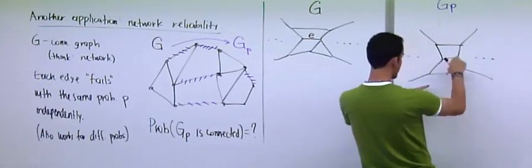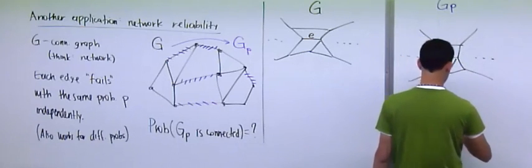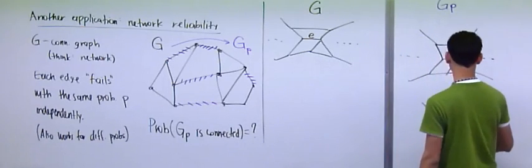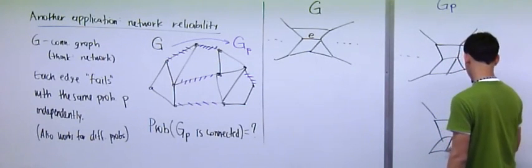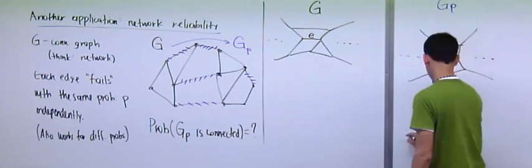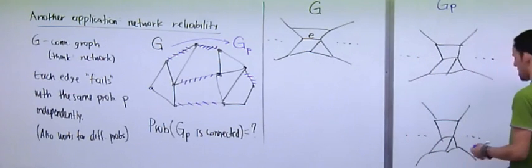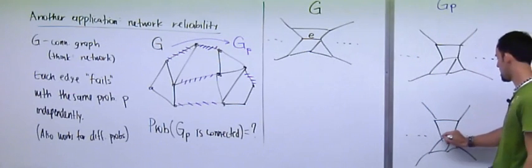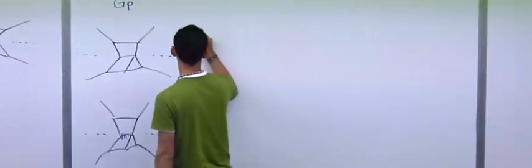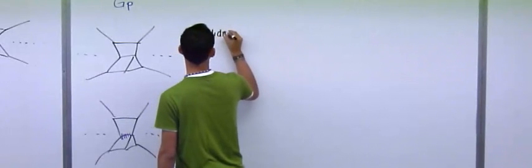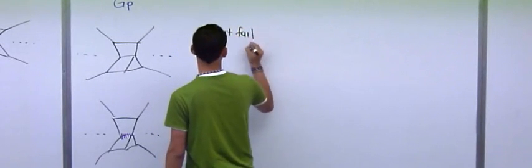So it could look like this with the edge there, or it could look like this, with the edge having failed. Okay, so either E didn't fail or E failed.